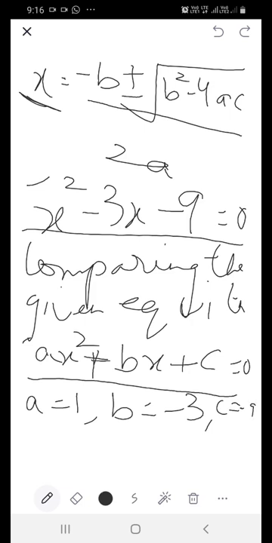Now these are the values of a, b, c, which you are going to substitute in the Sridhar-Acharya formula.